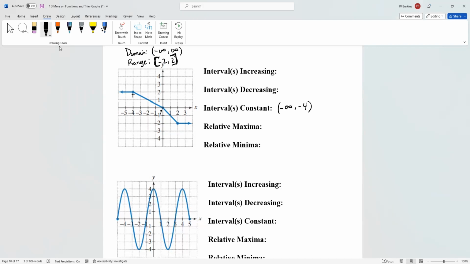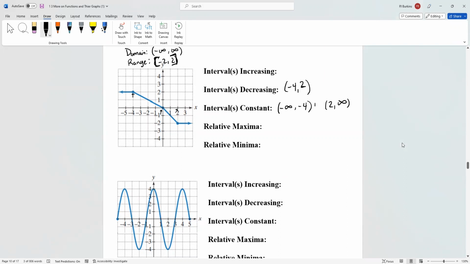So it's decreasing all from -4 all the way to x equals 2. So decreasing from -4 to 2. And then we are constant again from 2 to infinity.